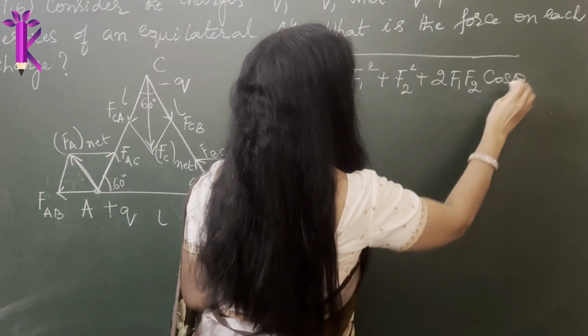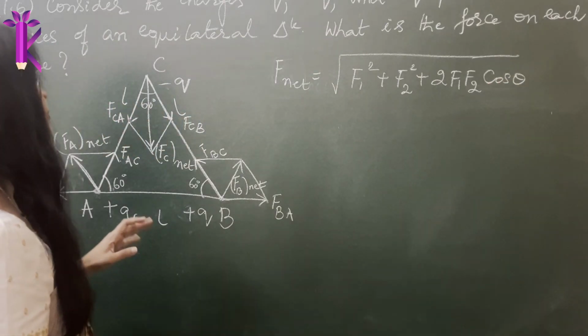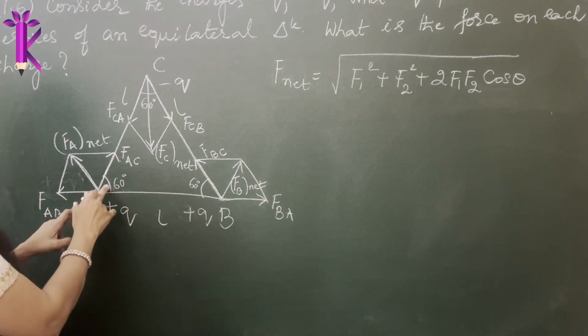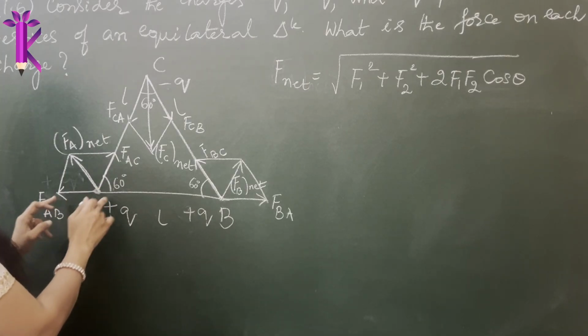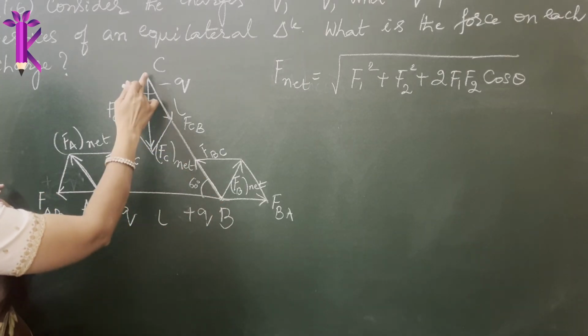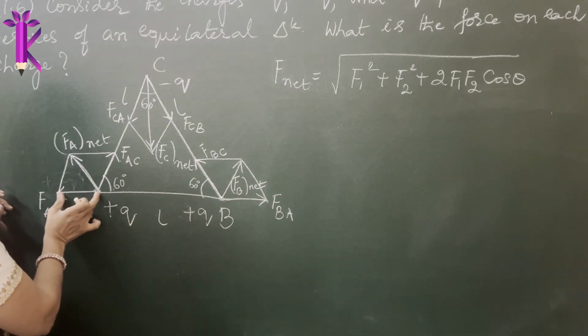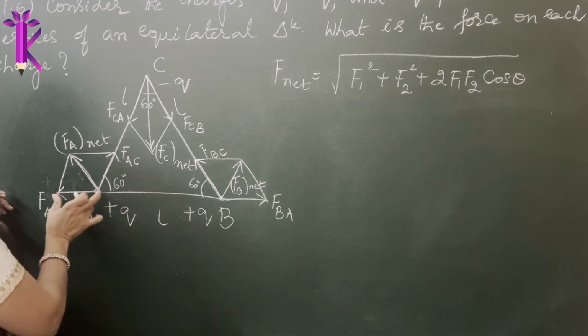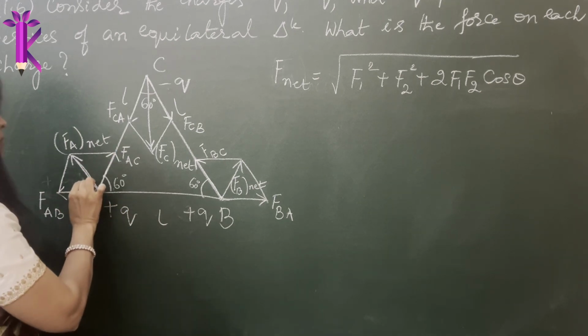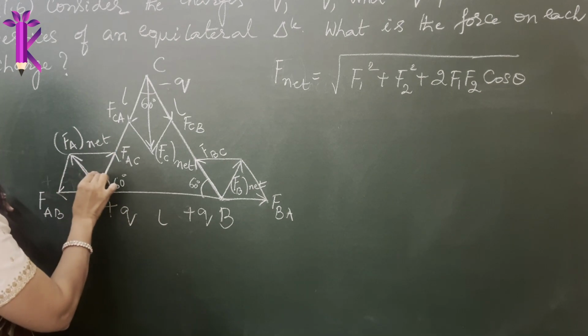So what is cos theta and what is F1 and F2? In this case, if I am talking about these forces, there are two charges, charge at B and charge at C. If I call this F1, this becomes F2. So F1 and F2 and the angle between F1 and F2, you have to find out this theta.